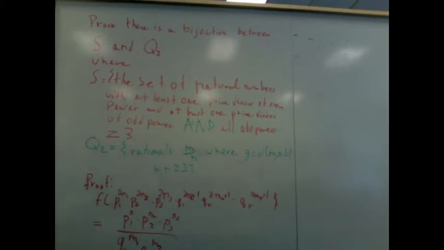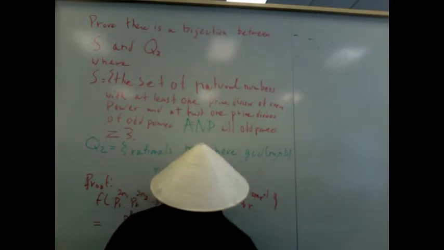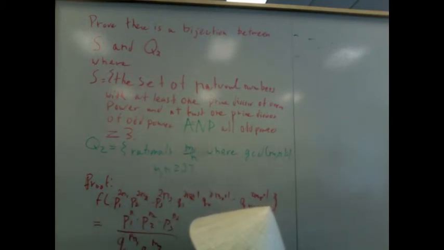Well, if we know it's greater than or equal to 3, then all these m1 up to mr have to be greater than or equal to 1, so we're still good. The reason I'm doing this is because I want to prove it's a bijection. If you had things raised to 0 equal 1, bad things happen, because then we lose surjectivity. There are many ways to get 1: raise anything to the 0 power, you get 1.